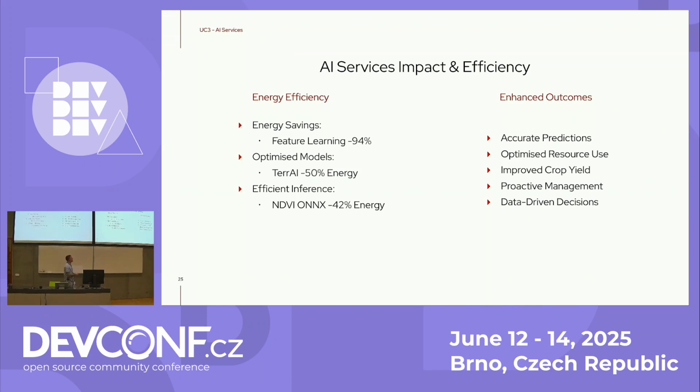The optimized models, so AI, has provided a 50% reduction in energy usage, and for inference, Onyx has produced a 42% reduction in energy. So that obviously helps us with accurate predictions, optimized resource usage, improves the yield of the crops, and it allows for proactive management based on data-driven decisions.